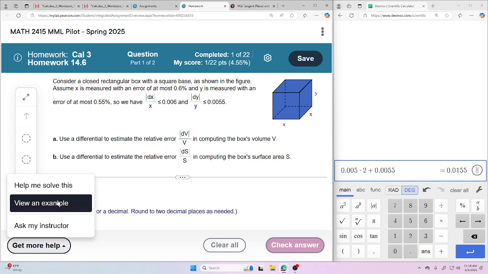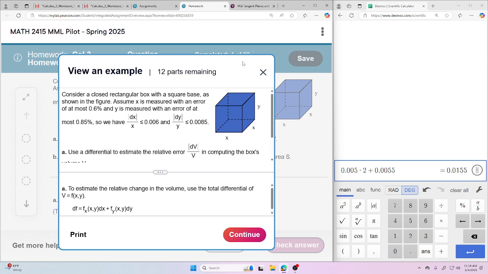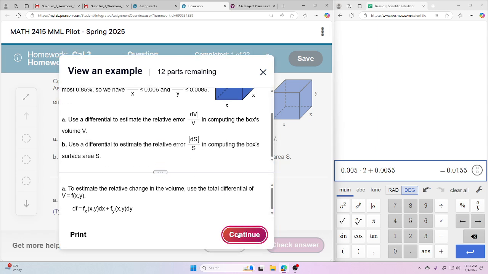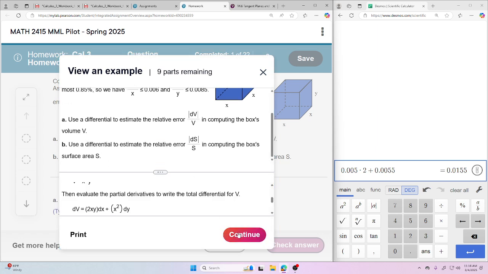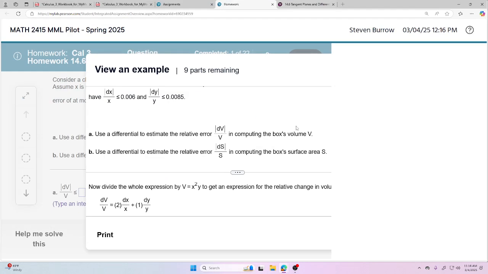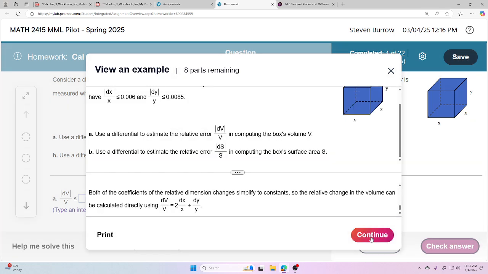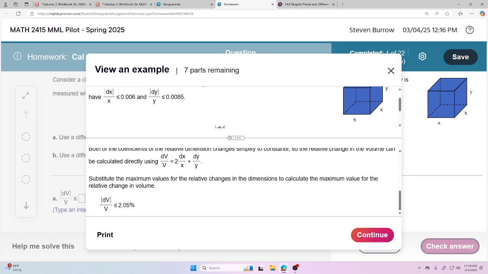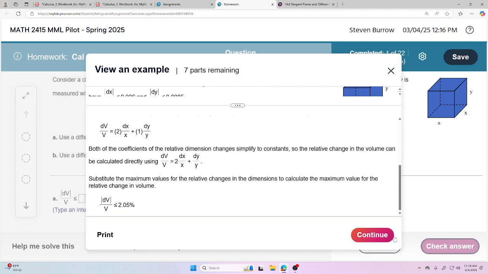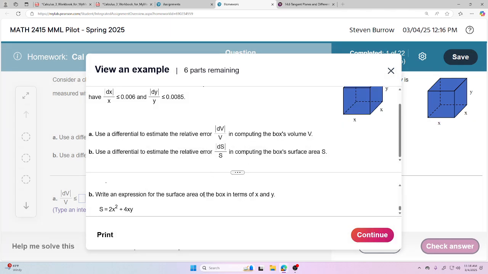Let's view an example here and see what happens. Cool. Yes, we already did that. Why is this so tiny? Let me just see more of this problem. Continue, shrink. So dumb. Okay, so here we go. This is what we had, right? And then this is what we did. Oh, wait.